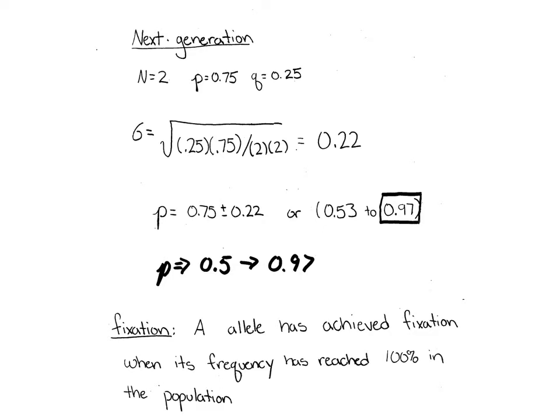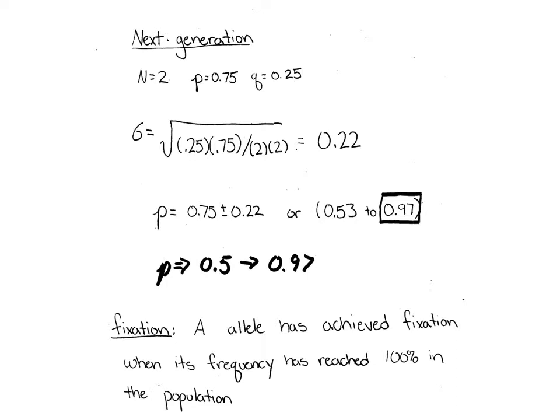So now we're looking at producing the third generation. The second generation now has 2 individuals, right? They're still producing a whole bunch of gametes, but now the allele frequencies are different. Now A1 is equal to 0.75, and A2 is equal to 0.25.